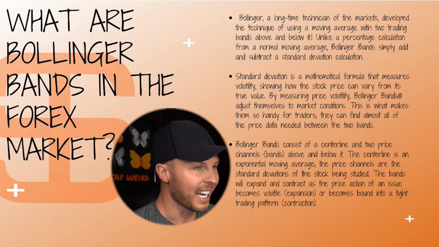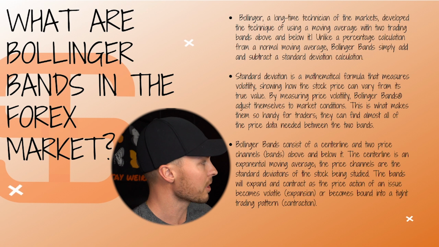So Bollinger Bands consist of a center line and two price channels, both above and below that center line. The center line is a moving average, and we're going to learn about moving averages in a video down the road. The price channels are standard deviations of the stock being studied, or in our case, the currency pair.